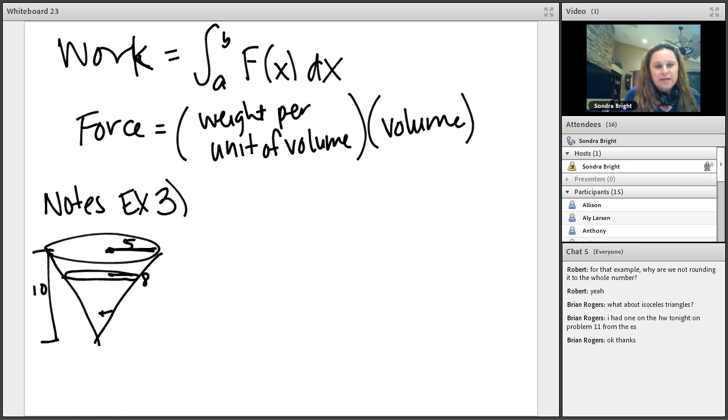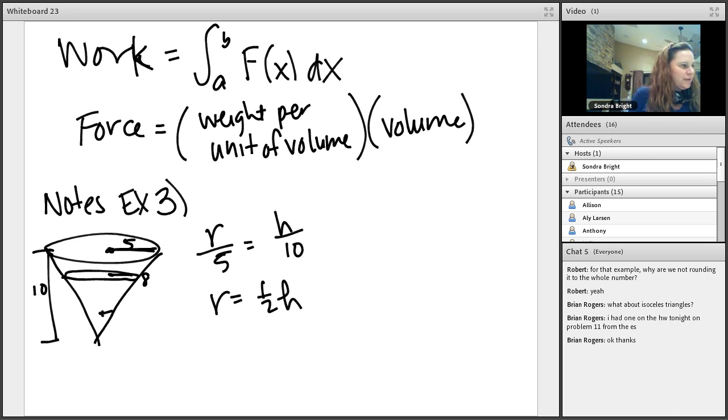In this case, your radius is changing. R over 5 is equal to H over 10 is one way to write it. They're proportional, so your R is equal to 1/2 H. That is true down the whole thing.